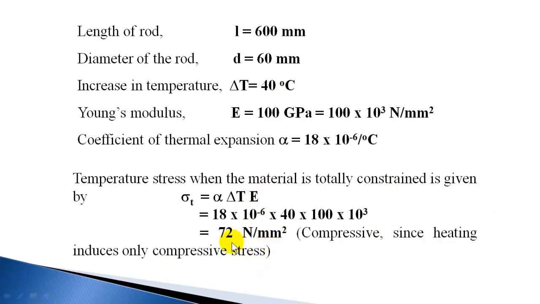So the bar will be subjected to a compressive stress of 72 Newton per mm square as a result of this heating, and the bar is completely constrained. No amount of expansion is permitted. In that case 72 Newton per mm square or 72 megapascal of compressive stress will be induced in the bar.